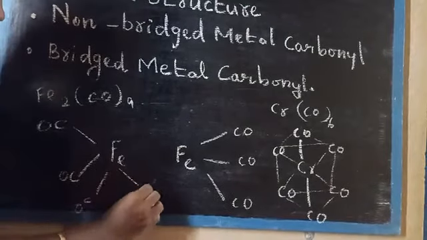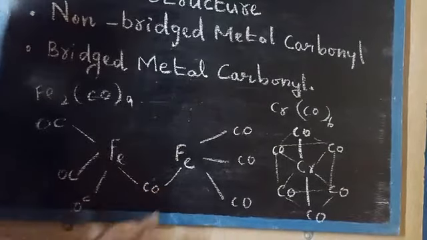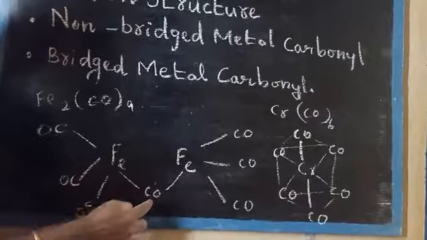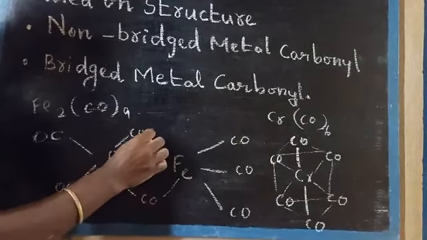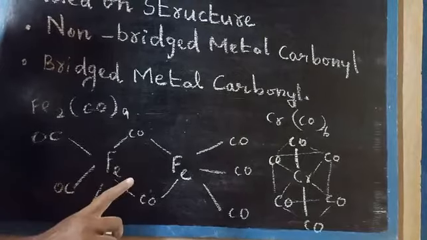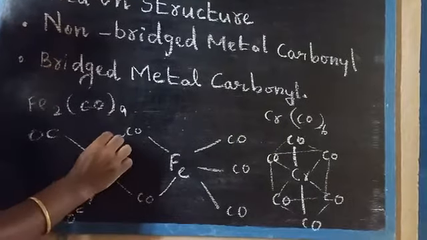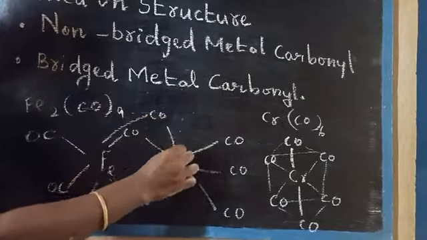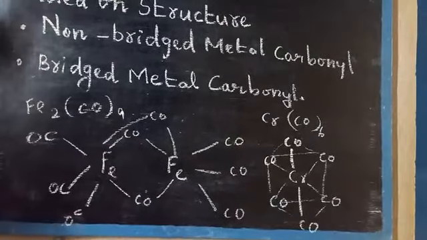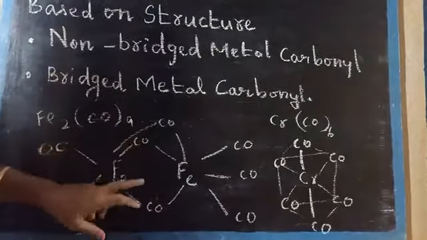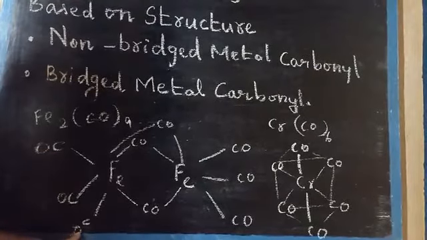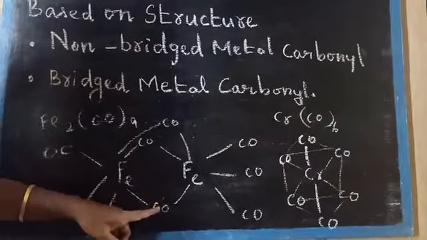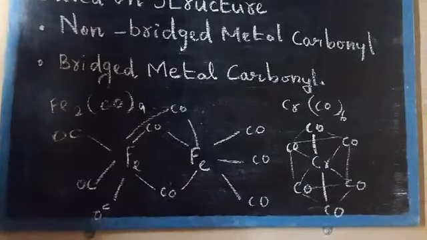Now a bridge takes place between metal and metal through the CO. In the same way, CO and CO, and one more remaining CO. Are you clear, children? So this is the bridged metal carbonyl. This one is for terminal carbonyl, and this one is denoted as bridged metal carbonyl.